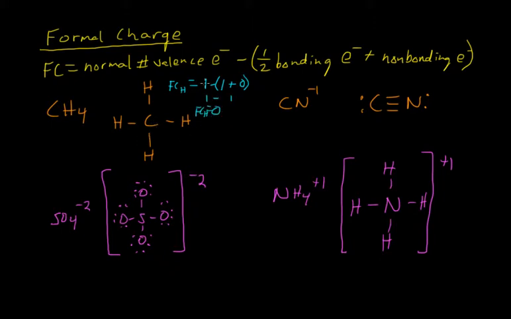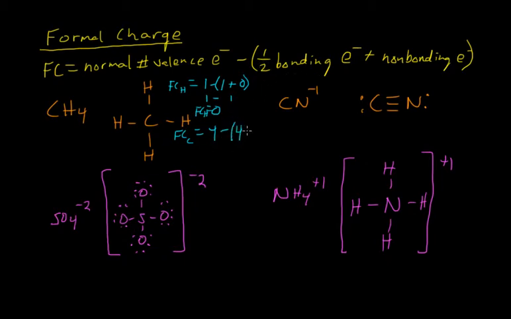So if I look at my carbon, so I'll say FC, formal charge for my carbon, is equal to, carbon normally has a normal valence number of 4, and minus half of the bonding. Well, carbon has 1, 2, 3, 4 pairs, so that's 8 total electrons that it's bonding. So half of the bonding electrons, half of 8 is going to be 4.